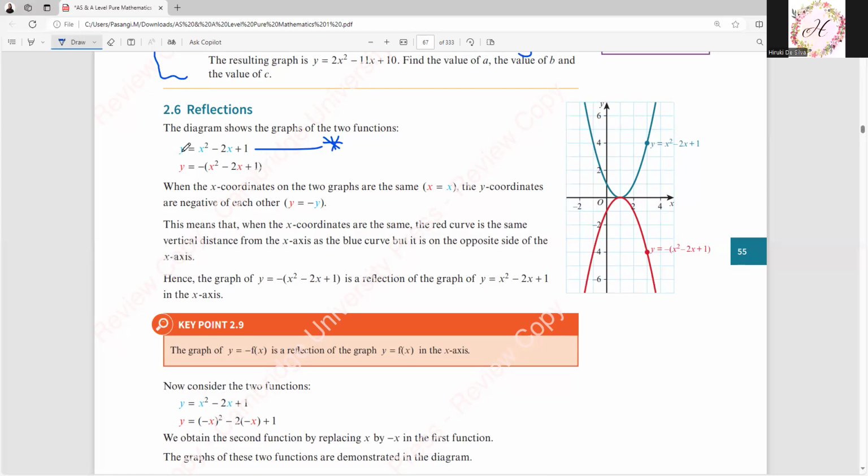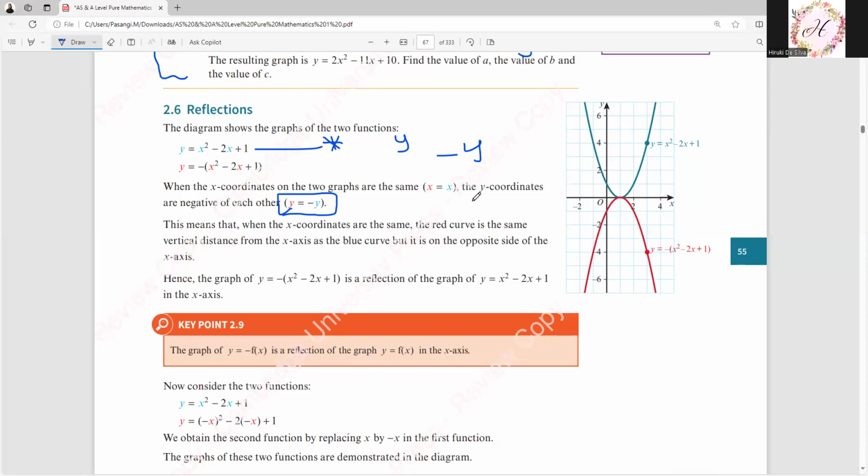The first one's plus, the second one's minus. If the first one is y, the second one will be minus y, right? So we can find a relation, y is equals to minus y, for the same x values, because x values are not changing at all.